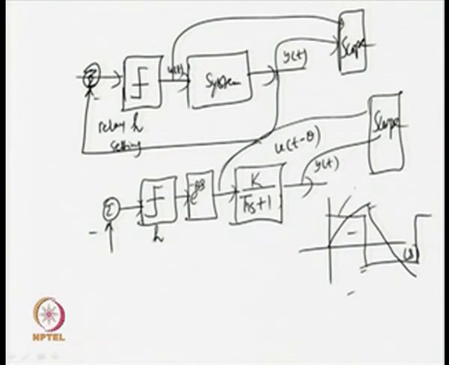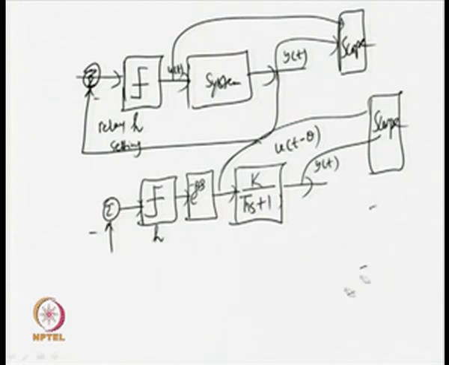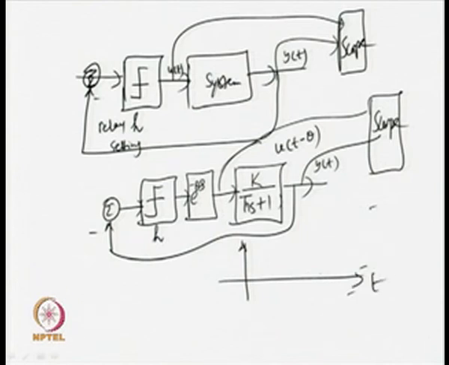So, this is your time axis t. Let me redraw again. So, the type of signals you will get, output signal exponential for a first order plus time delay system.